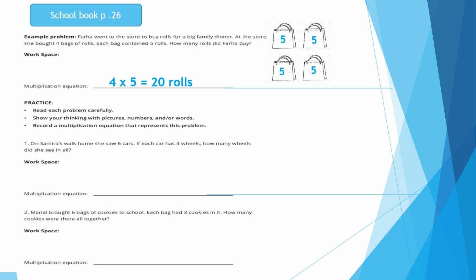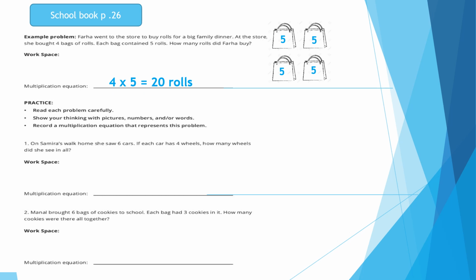Let's practice together. We will read the problem carefully and show our thinking using pictures and record a multiplication equation. The first story problem: on Samira's walk home, she saw 6 cars.